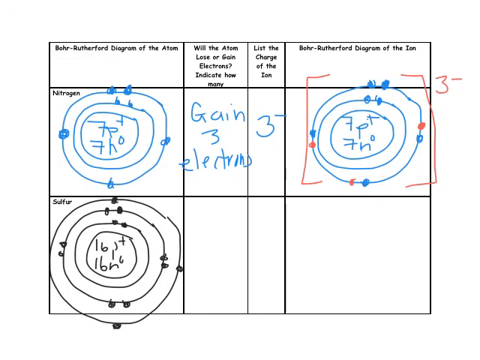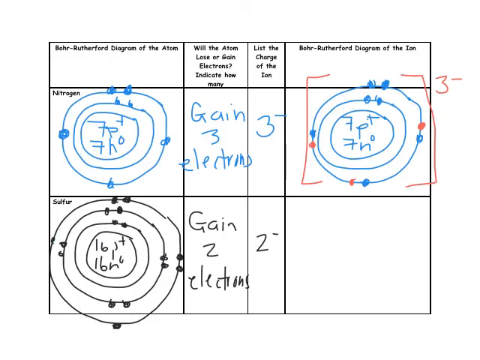So 1 on each side. And then we double up. Looking at sulfur, because it has 6 valence electrons, or 6 electrons in the outermost shell, it's easier for sulfur to gain 2 electrons than to lose 6 electrons. So it'll have an overall charge of -2.